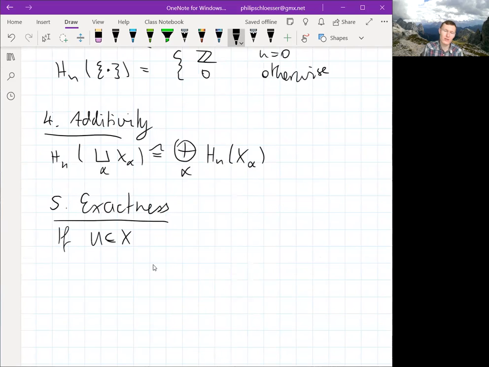So if U is a subset, note that it doesn't have to be open. It can be any subset. And then we can view it as a topological space if we just give it the subset topology.